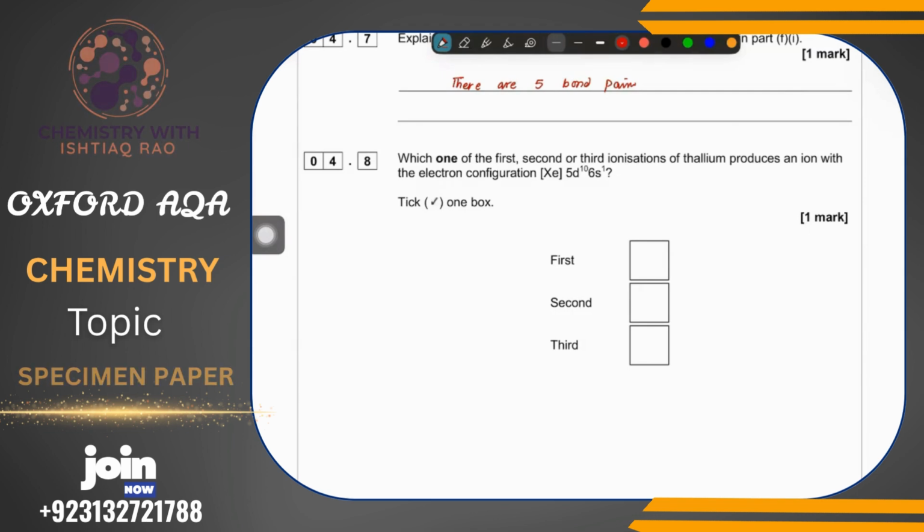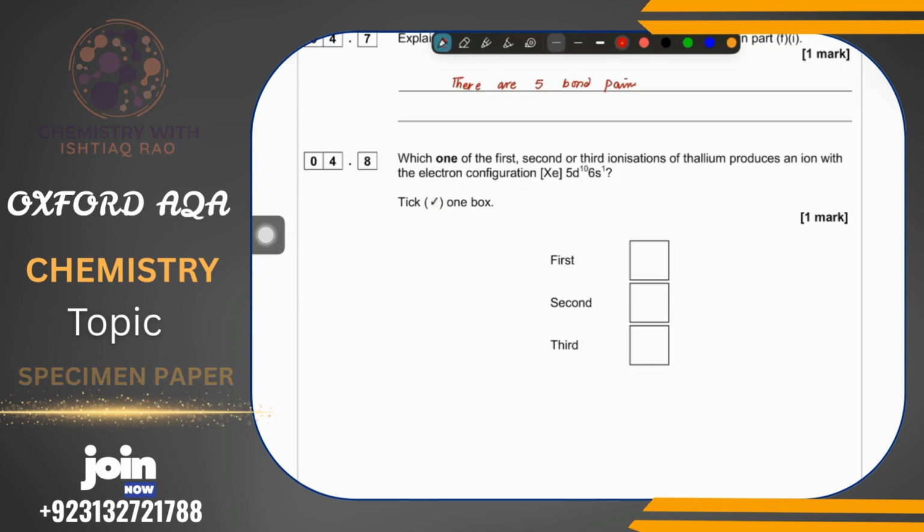First of all, you need to know the original configuration so that I can have an idea what would be the final configuration after losing electrons.